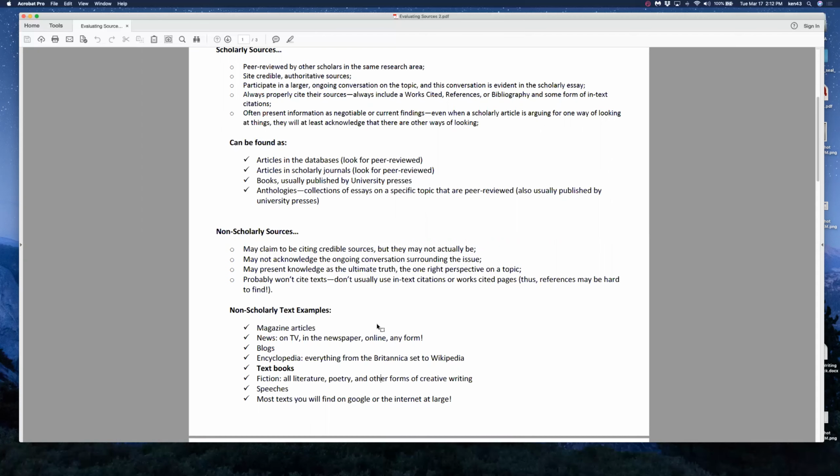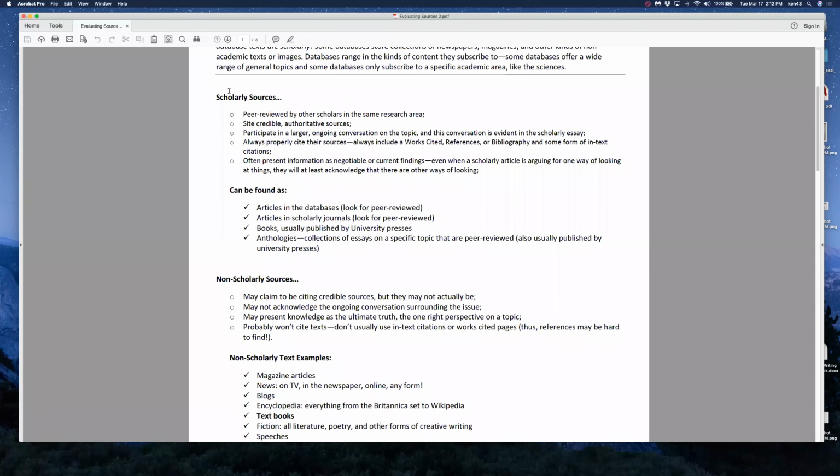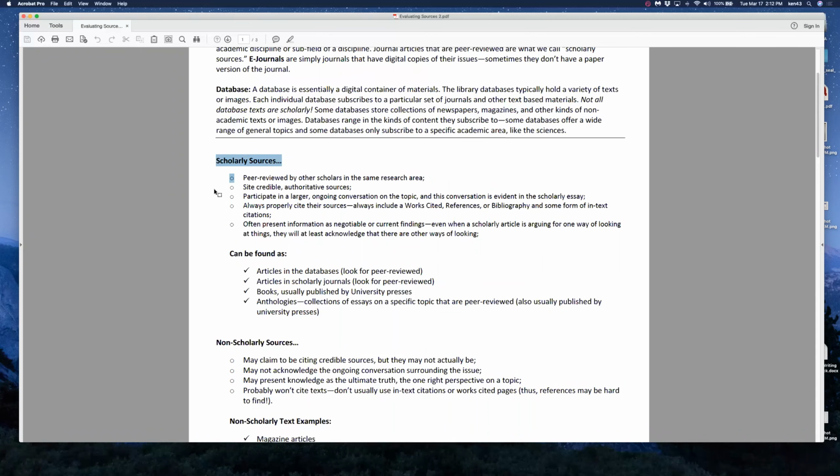In the university, we think of scholarly sources as the kind of sources that represent research happening at the university level. So a scholarly source, this is almost a synonym for scholarly source, is peer-reviewed. This is the big feature of a scholarly source. They are peer-reviewed by other scholars in the same research area, often in the same sub-research area.